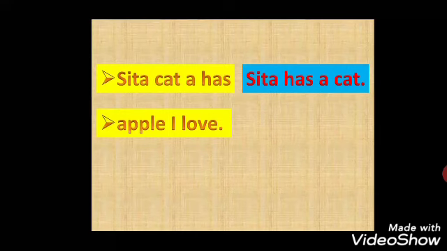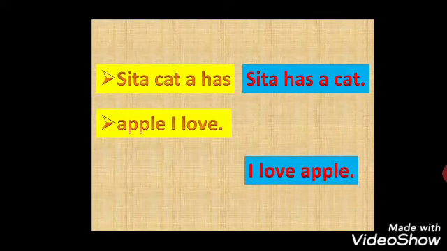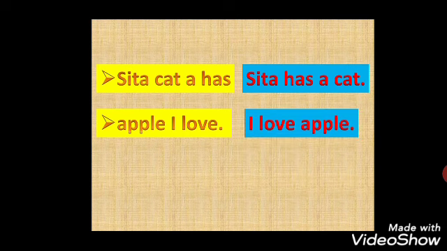So let us see the correct sentence. I love apple. This makes a correct sentence because it has a correct meaning. So, how do you say if you love an apple? You say, I love an apple, or you say, I love to eat apple.